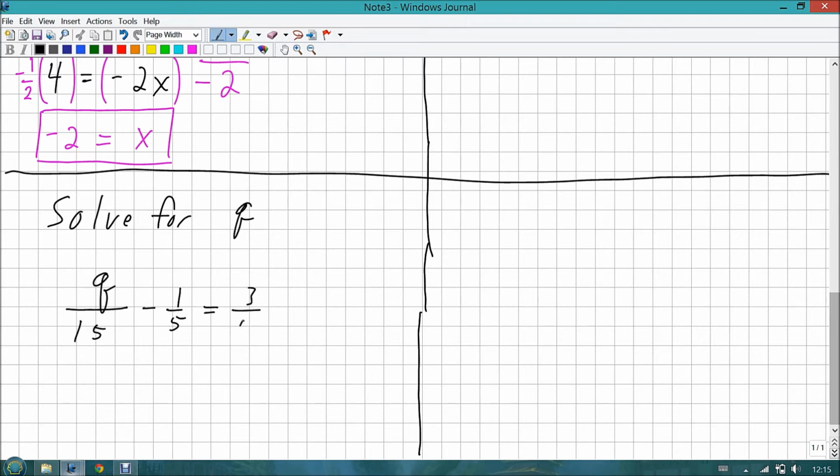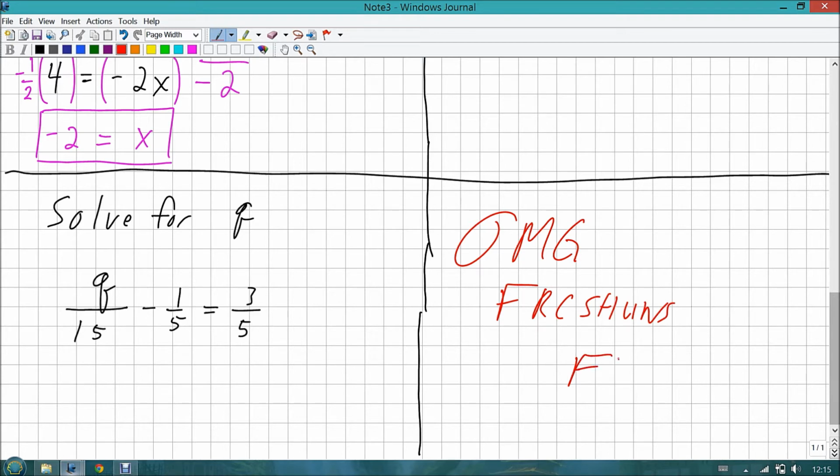And I know what you're thinking. You're thinking, OMG, fractions. Don't worry, fractions are friends, and here's a really easy way to get rid of them.